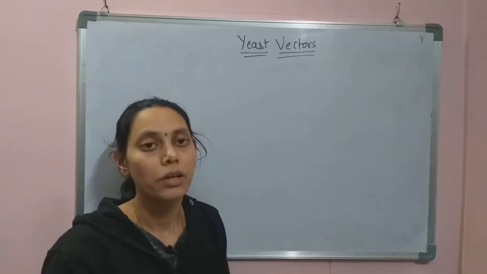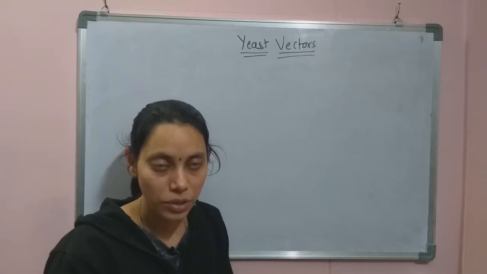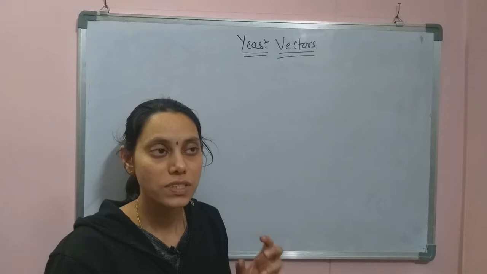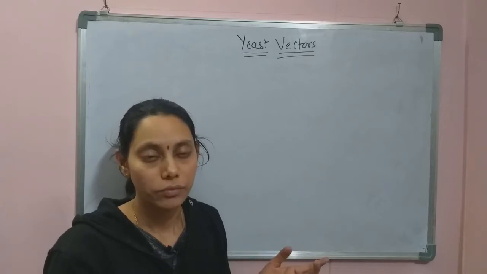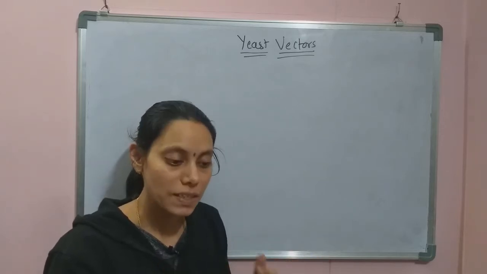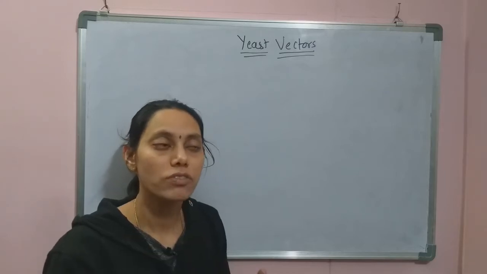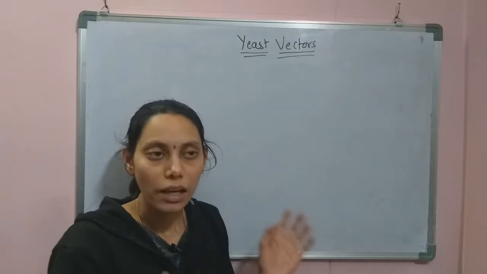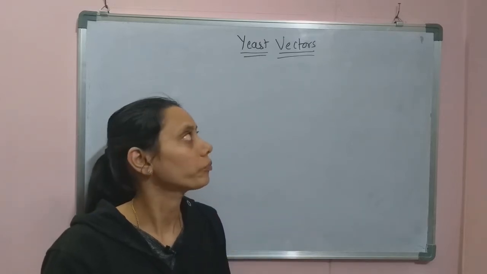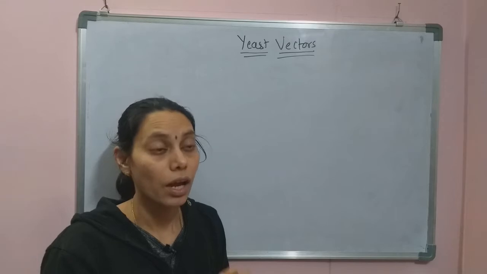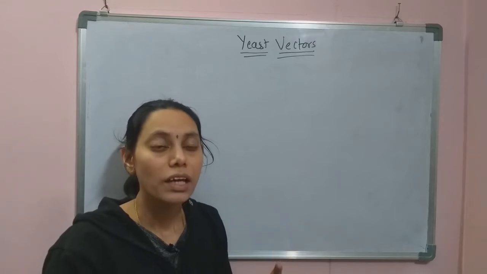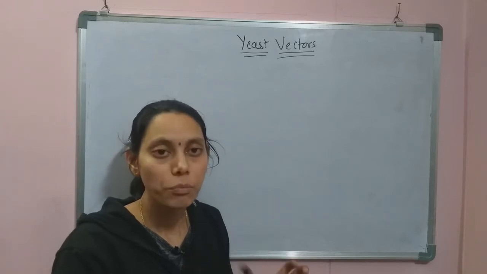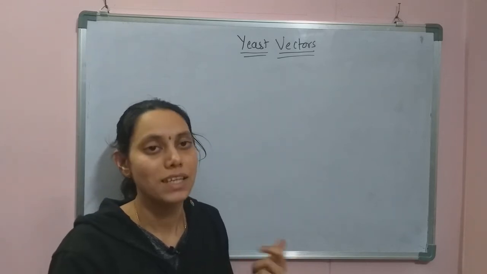To address all these problems, we need a eukaryotic system such as the yeast cell, which can be easily manipulated, easily studied, easily cloned, and easily multiplied inside a lab. We also need a vector that can be easily cloned inside such simple experimental systems as the yeast cell.